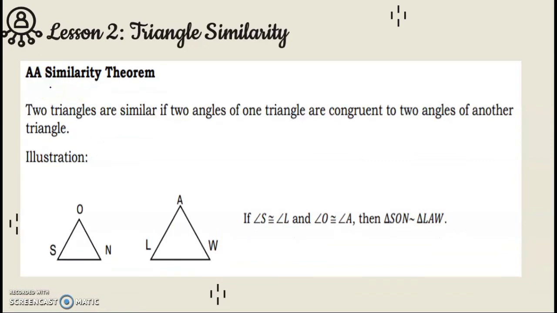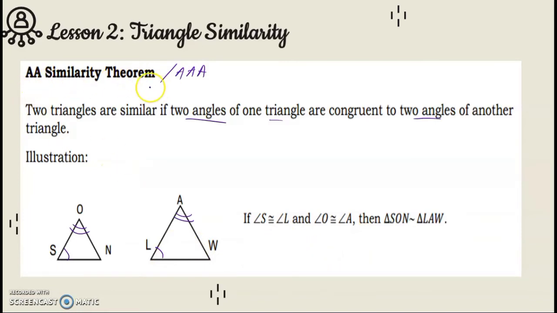Next, itong AA similarity theorem is same lang din dun sa AAA. Kasi automatic na ito eh. Pag ang two angles ng isang triangle is congruent to two angles of another triangle, so they are also similar. Okay, yun lang naman yung sinasabi nun. Kung angle S is congruent to angle L, and then angle O is congruent to angle A, so automatic, angle N and angle W is also congruent.